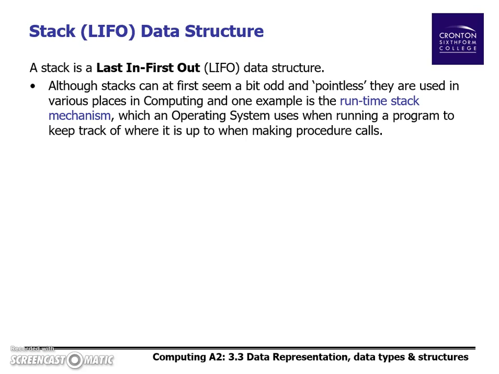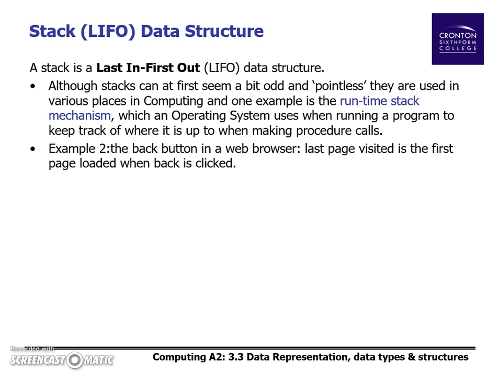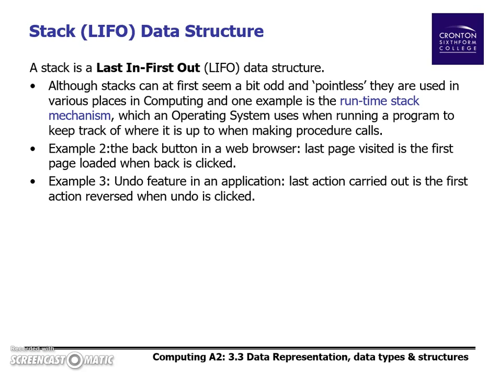One example is the runtime stack mechanism, which an operating system uses when running a program to keep track of where it's up to when making procedure calls. Another example would be the back button in a web browser. The last page visited is the first page to be loaded when back is clicked. Another example could be the undo feature in an application. So the last action carried out is the first action to be reversed when undo is clicked.